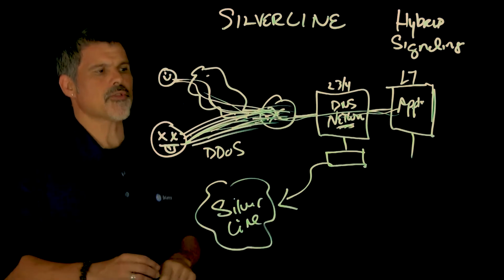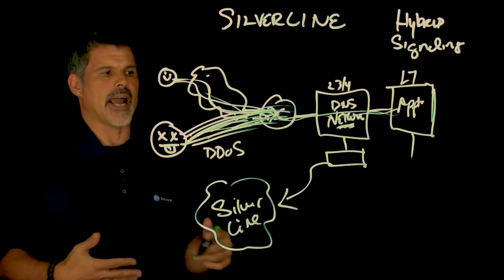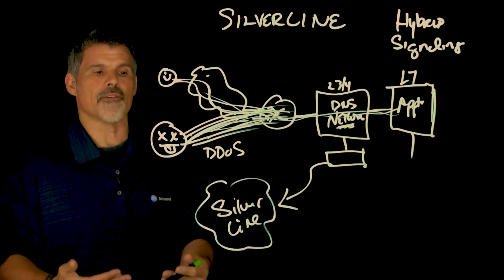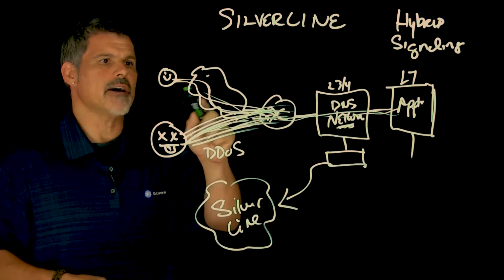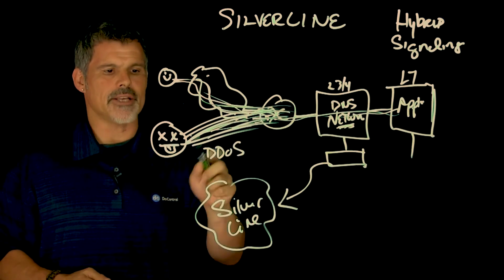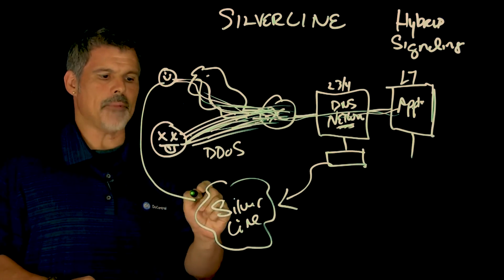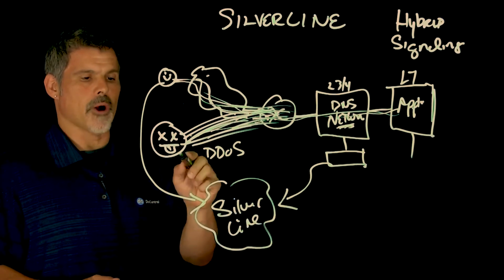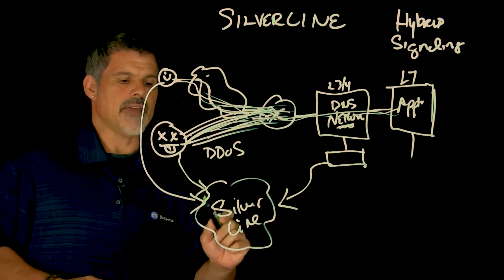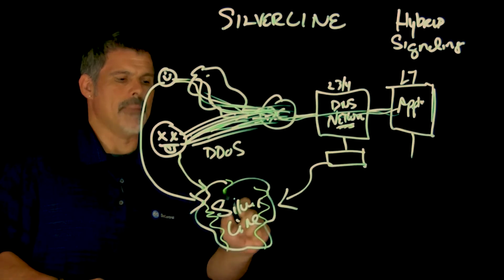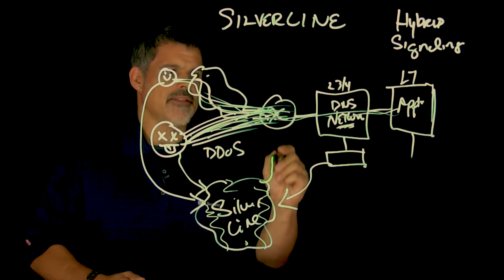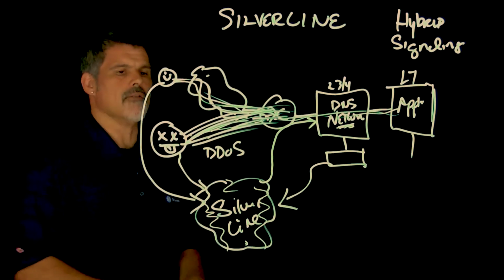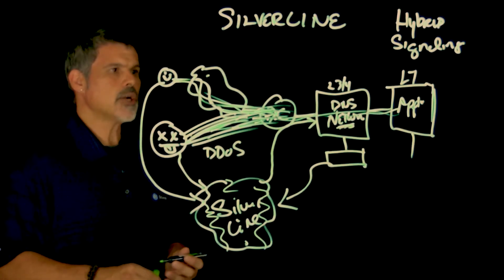And once you reach certain thresholds, Silverline will be notified, and then Silverline can take over the traffic. And so instead of coming direct to you guys, it would now be redirected through the Silverline cloud-based platform, even this bad guy, and this would then scrub the traffic and bring it back to you clean, without all of the bad stuff incorporated.